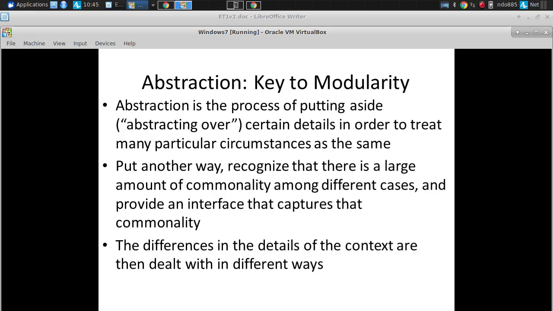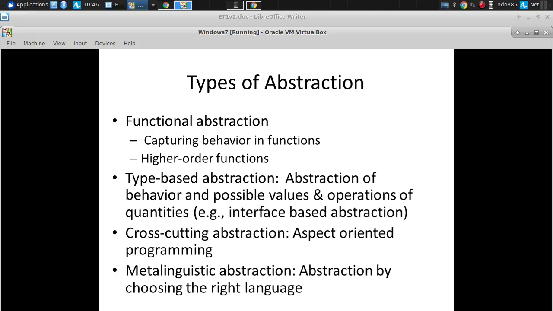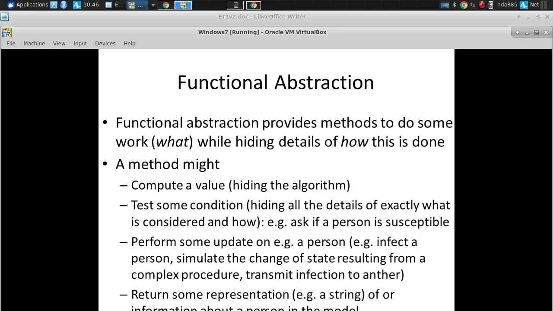And instead of having a precise square root function and an imprecise, we have one square root function that can take an argument that indicates the tolerance, the precision with which we wish to calculate it. And we can call that with a larger degree of tolerance or smaller to use either a more precise or less precise. Okay. And in this class, we'll talk about a bunch of types of abstraction. Today, we're going to be talking about that first, functional abstraction. And this is going to follow us for the next bunch of lectures in more sophisticated ways over time.